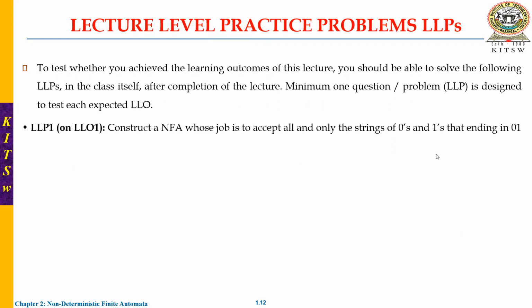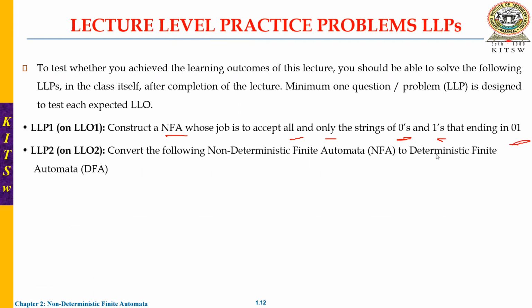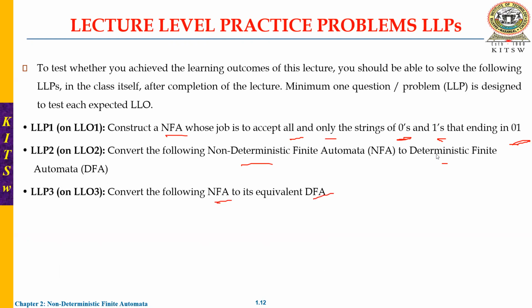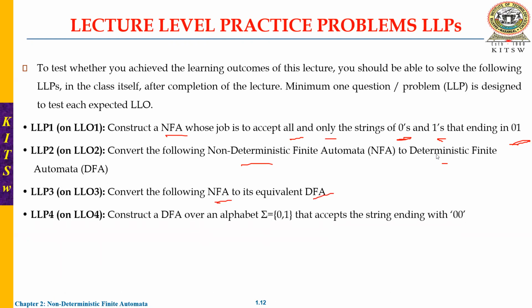The LLP is to construct an NFA whose job is to accept all and only the strings of zeros and ones ending with 0 and 1, and to convert the following non-deterministic finite automata to deterministic finite automata.